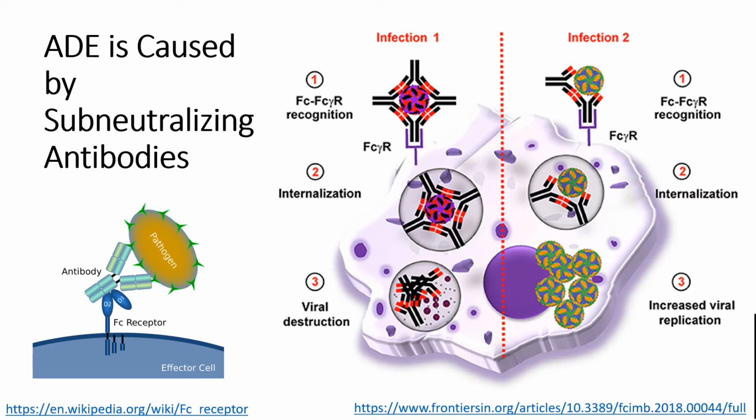Instead, the antibodies that you make when you're infected the second time bind to the secondary virus, and then they bind to the IgG-Fc receptors on the immune cells, and they actually allow the infection of those cells. So it's similar to HIV and Ebola. Therefore, the second antibodies that you make, called subneutralizing antibodies, are what cause the ADE.